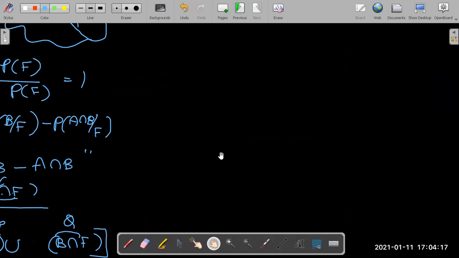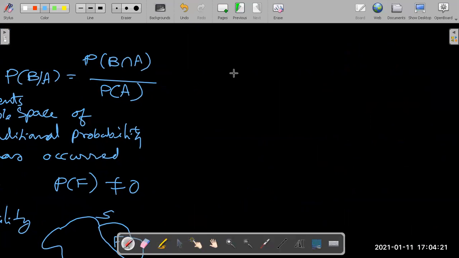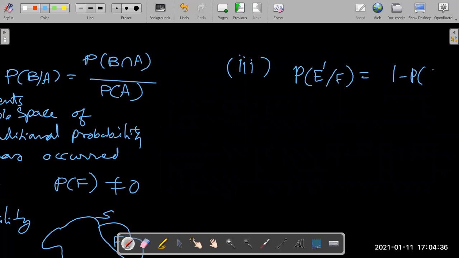So we'll write property 3. The third property is that the probability of E dash given F, where E dash is nothing but the complement, equals 1 minus the probability of E given F. For example, you have a sample space like this.